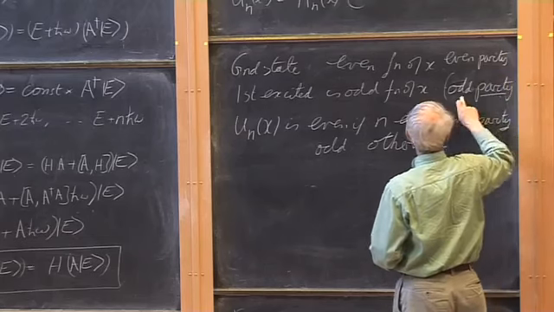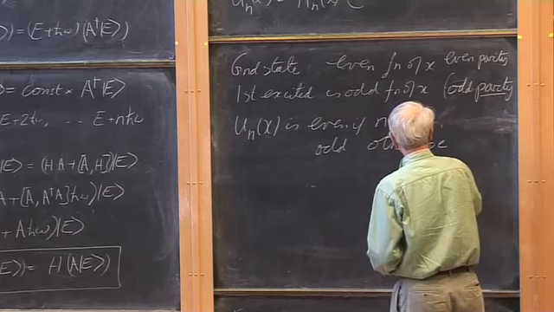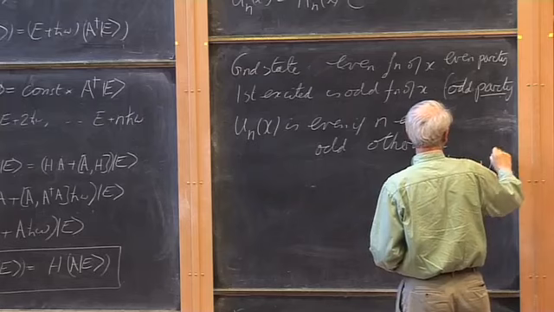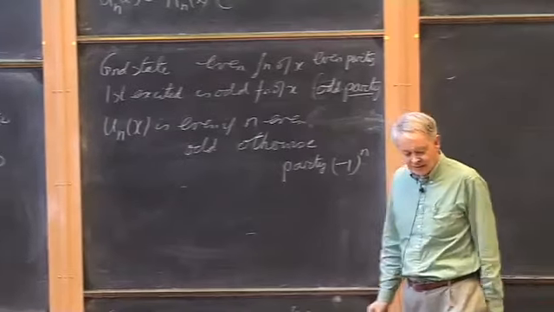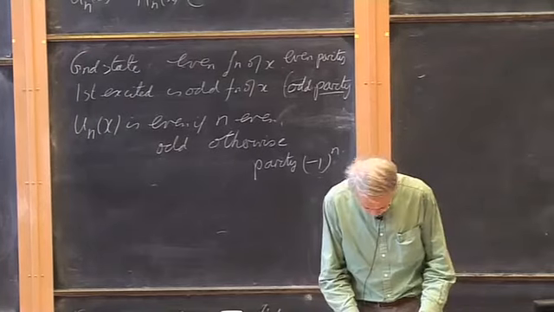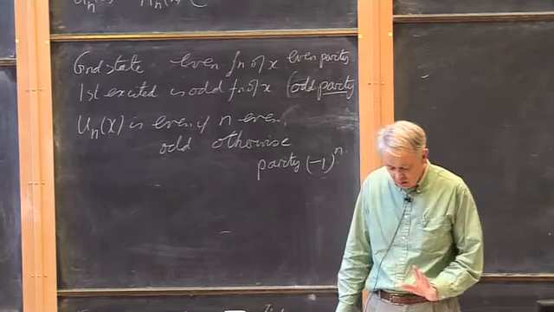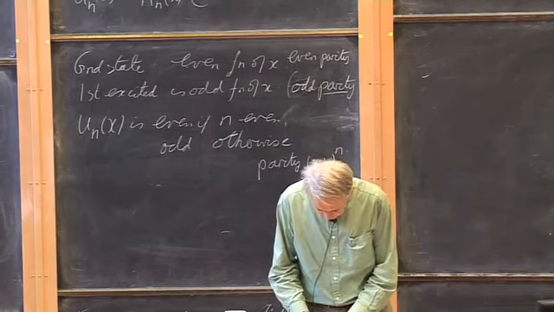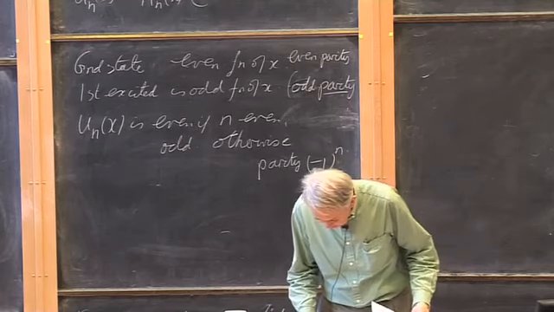The first excited state is odd, and we say this has a parity of -1 to the n, so that jargon is used sometimes. I wouldn't worry about it. It turns out to be useful to know whether your wave function is even or odd. That then enables you to short-circuit various computations.